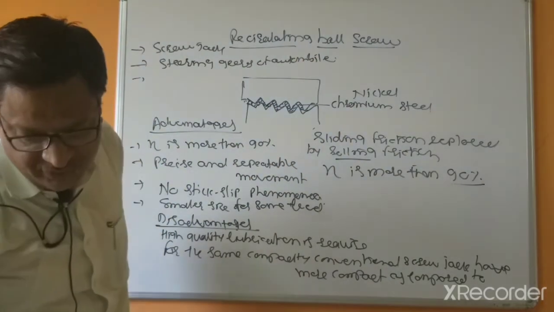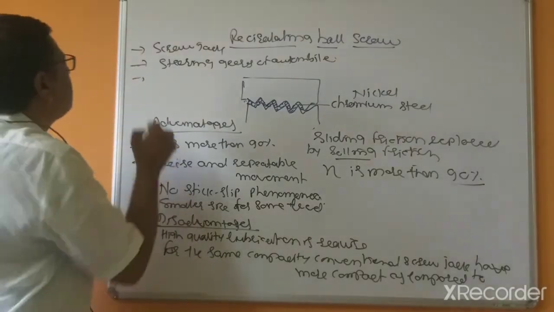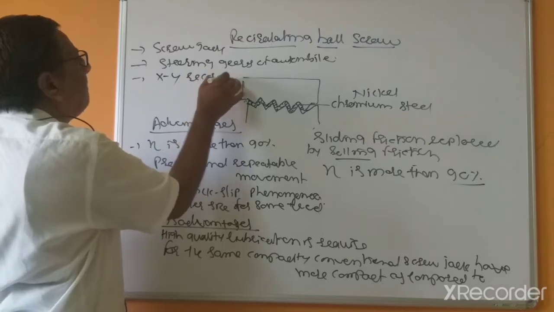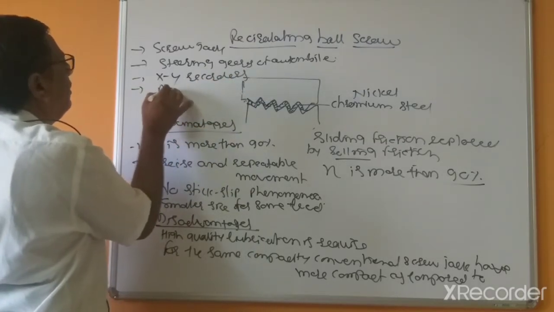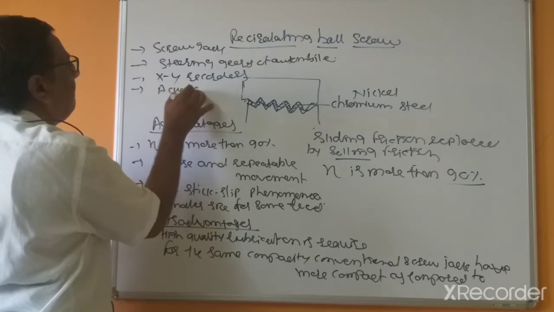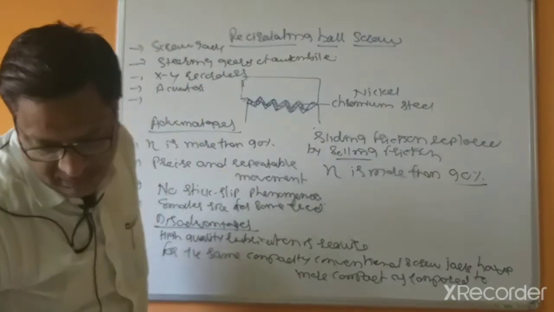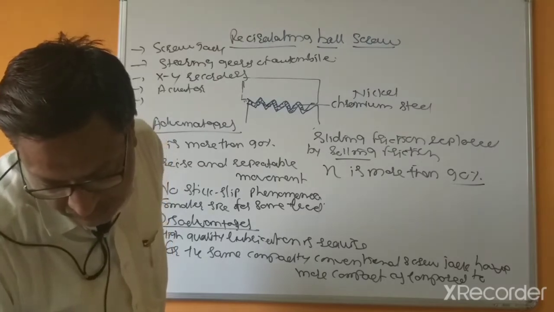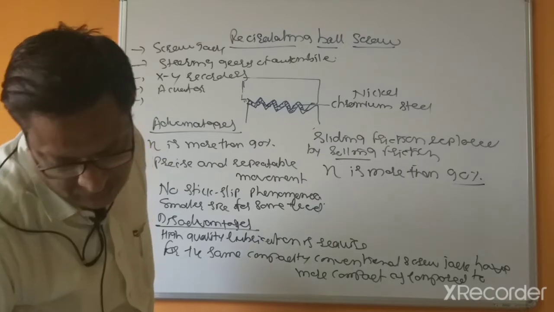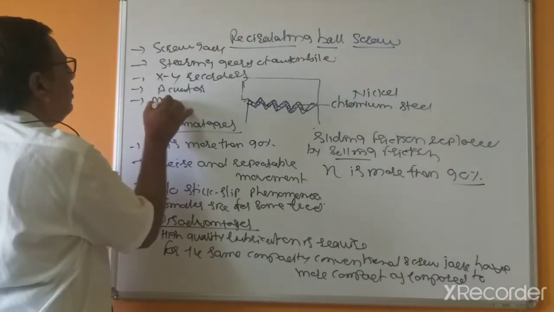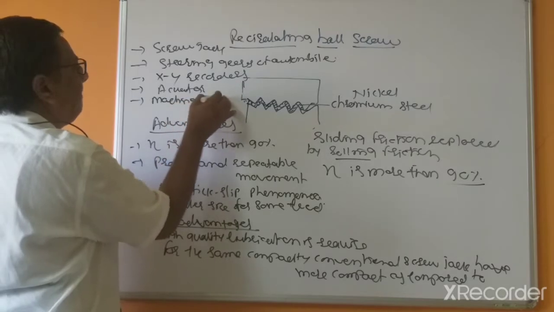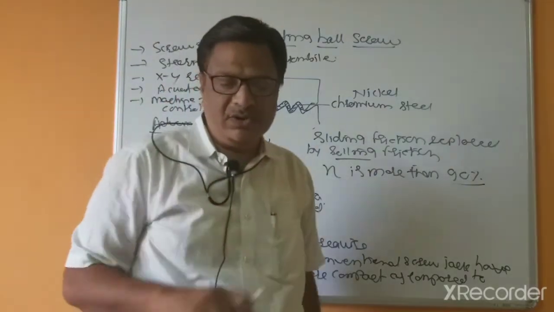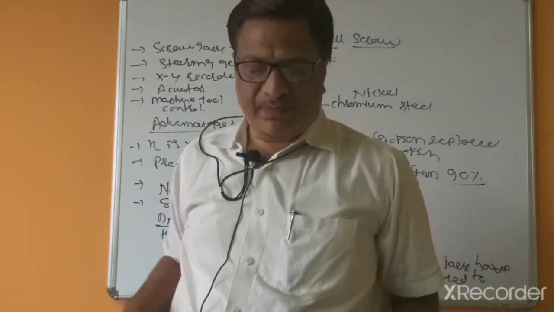Next, actuators, XY recorders, meaning plotters, actuators, and machine tool controls. In machine tool controls, we can use the recirculating ball screw.